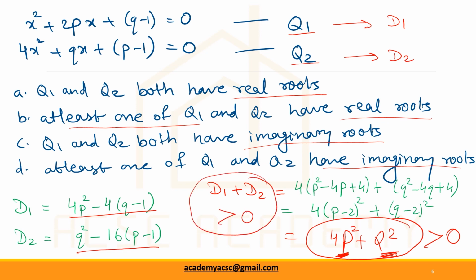You do not know if they are individually positive, negative, 0, whatever. But we know for sure that their sum is definitely positive. So from this, can we say anything conclusively about their nature? Let us think for a while and then we'll try to analyze this fact.